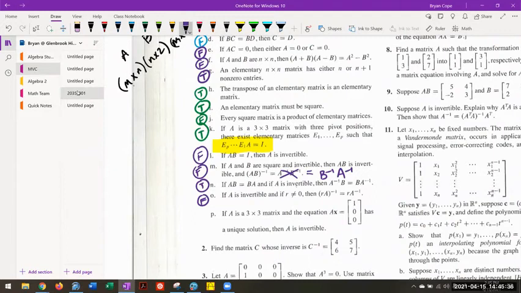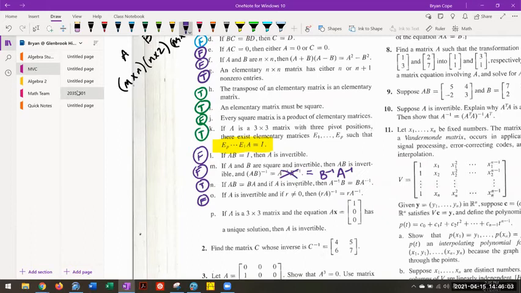Cody, read us P. If A is a 3x3 matrix, and the equation AX equals 1, 0, 0 has a unique solution, then A is invertible. I don't think that would necessarily be true. Just because it has a solution, that means that it's linearly independent.